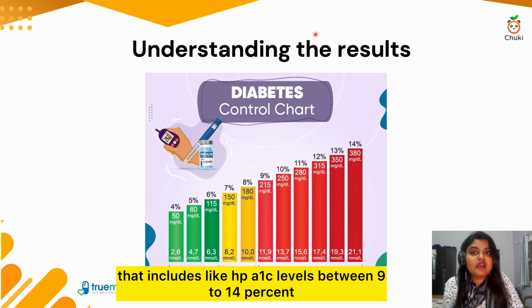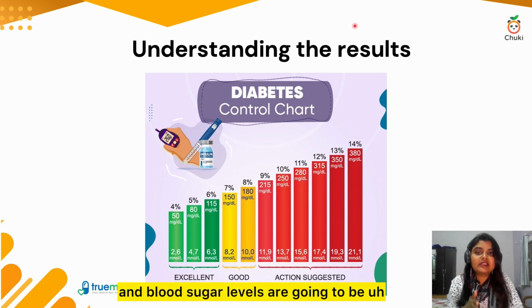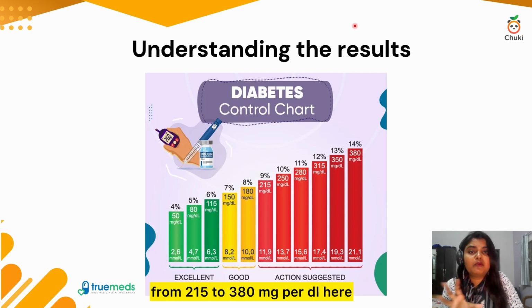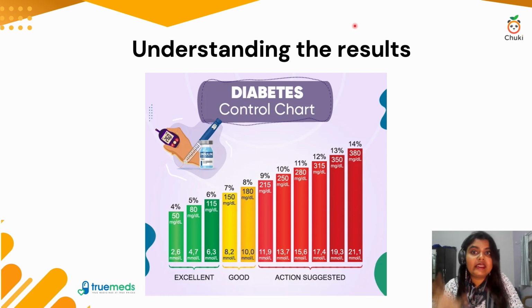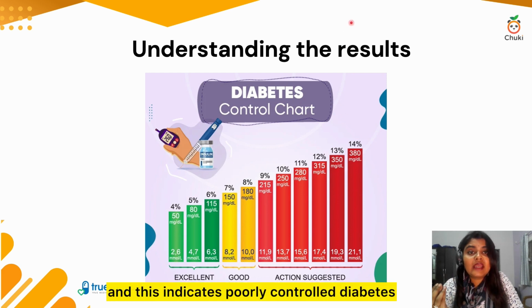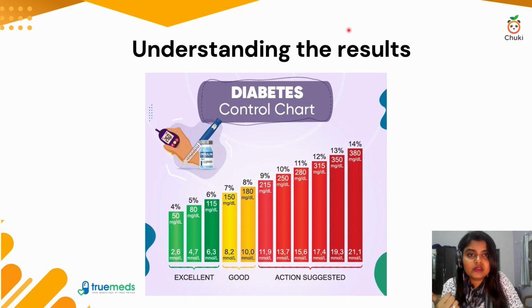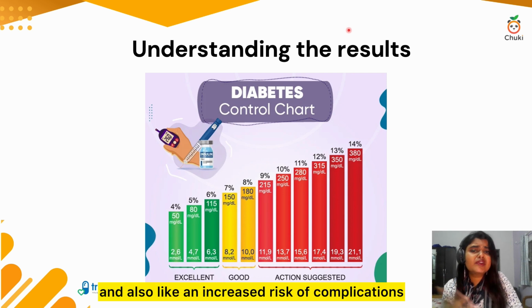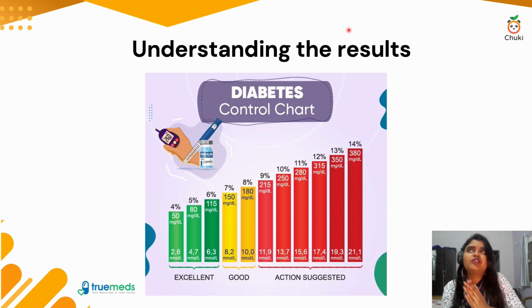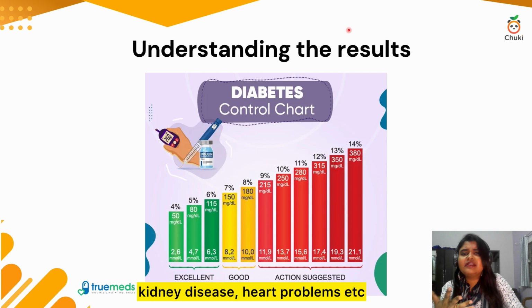That includes HbA1c levels between 9 to 14%, and blood sugar levels from 215 to 380 mg per dl. This indicates poorly controlled diabetes, and also an increased risk of complications such as nerve damage, kidney disease, heart problems, etc.